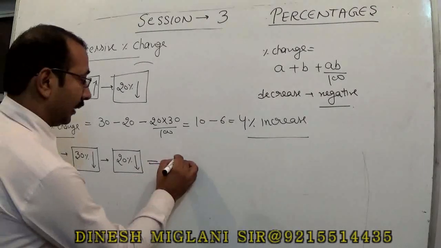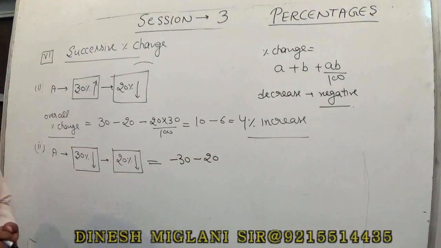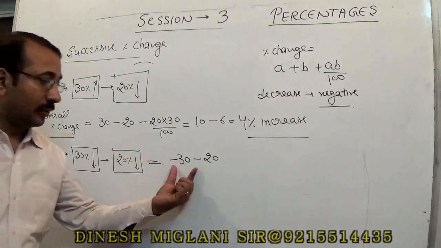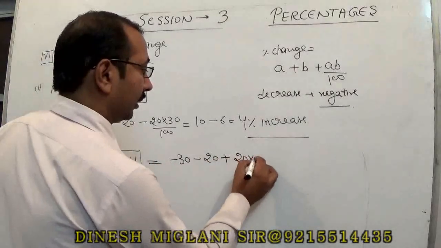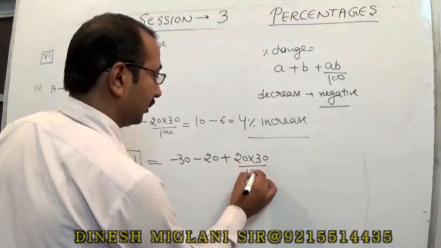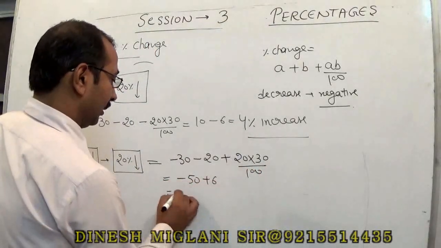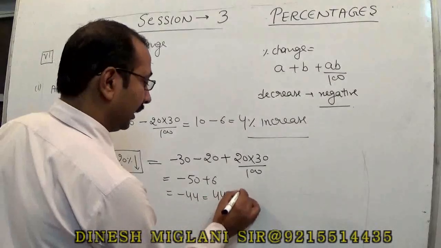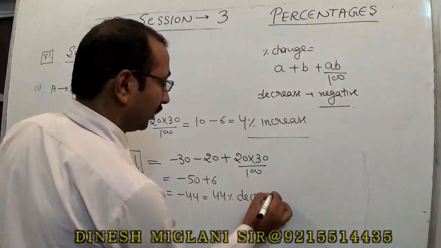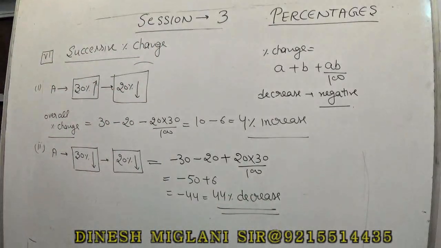So we take it as minus 30, minus 20, and now two negative values will be multiplied. It becomes positive. 20 into 30 divided by 100. So this will be taken as minus 50 plus 6, minus 44. We can say there is a decrease of 44%. So the answer is 44% decrease.